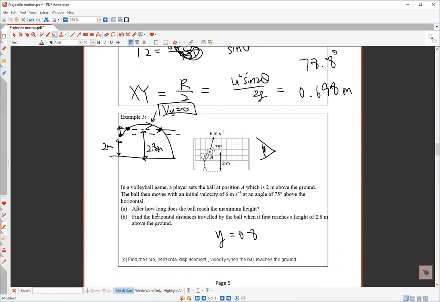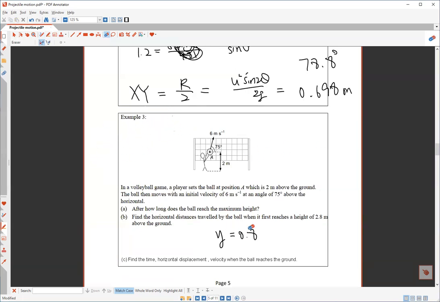So I'll just add part C, and then you finish this question, and then we can go on to the Olympic level of projectile motion next time.